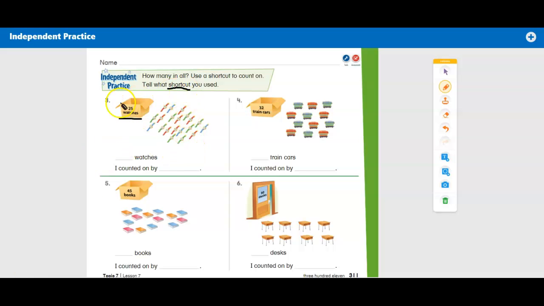Just to be sure, let's do number 3 together. I have 25 watches in the box, but I need to figure out how many I have here. The strategy that I am going to use, I'm going to count by tens. That's my favorite strategy. 1, 2, 3, 4, 5, 6, 7, 8, 9, 10.